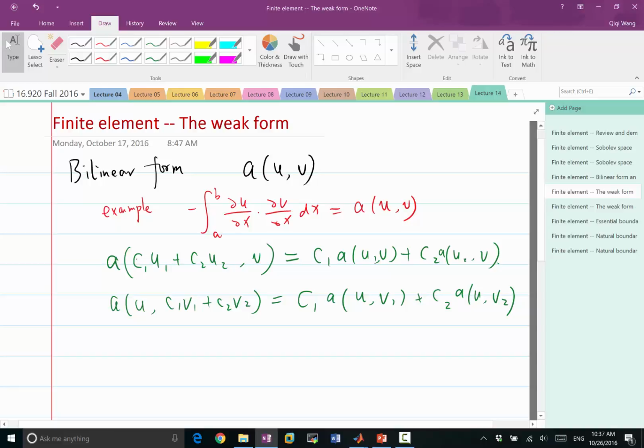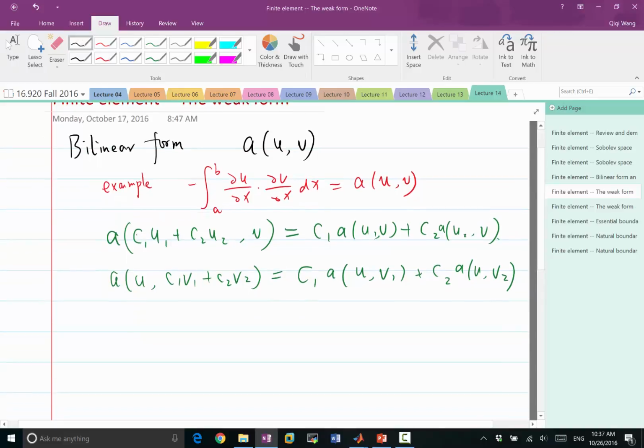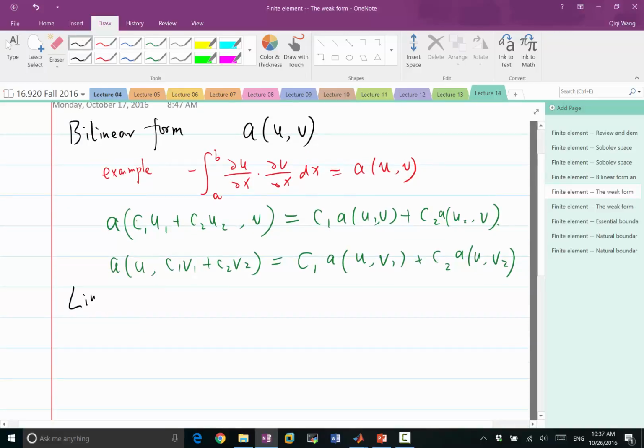The other element we need in defining the weak form is a linear functional. We call it L of V. So L of V, in our previous example, is the integration of f times v dx.